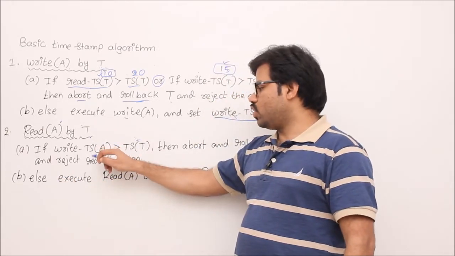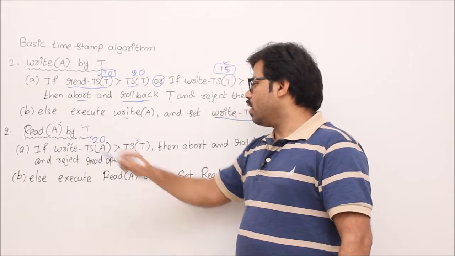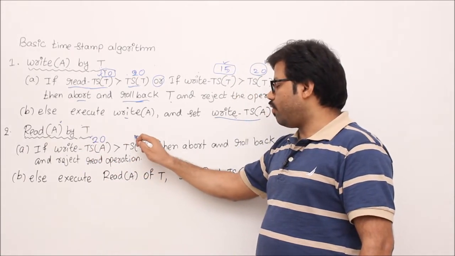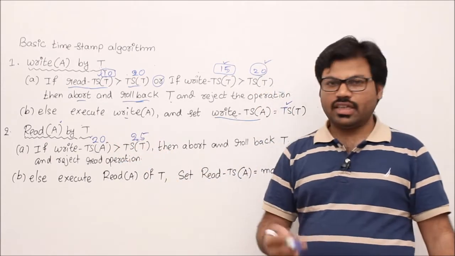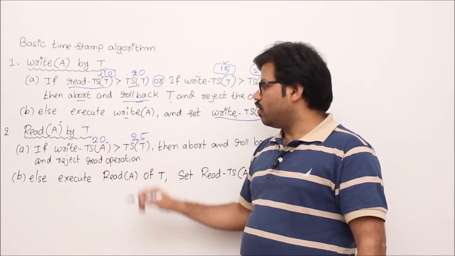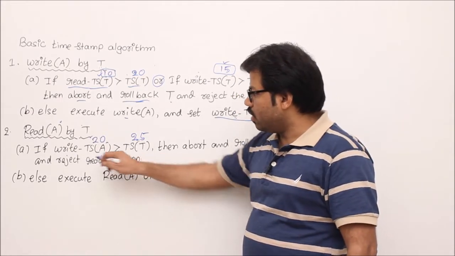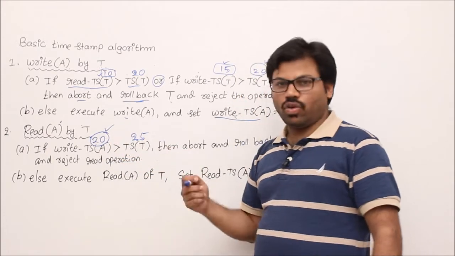Now, else, when will that happen? See this one, this condition should be false. Write timestamp of A is, let's say, 20, and your timestamp of T is also 20 or 25. 20 greater than 25, the condition is false, correct? Now whenever this condition is false, what does it mean? Here only older writers have written it so far.